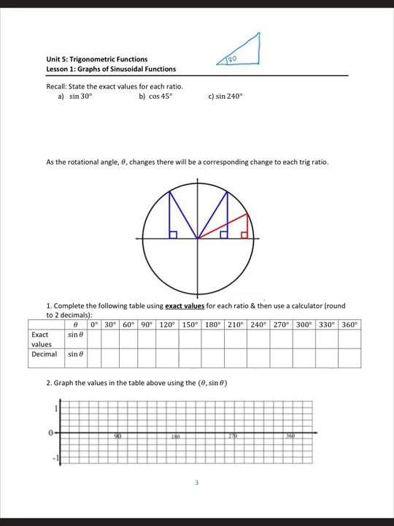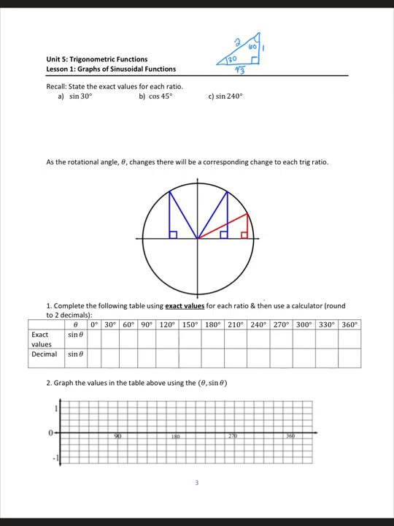We looked at a 30, 60, 90. And we need to memorize what the side lengths are of a 30, 60, 90. So the side opposite 30 is 1. The side opposite 60 is radical 3, and the hypotenuse, opposite my right angle, is going to be 2.